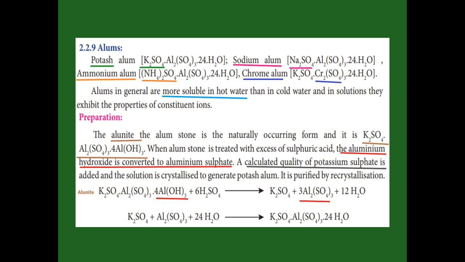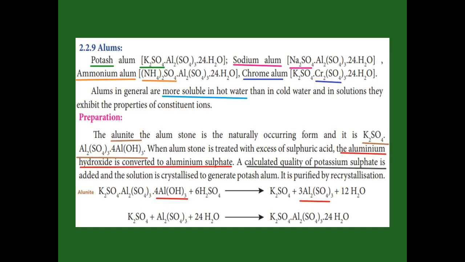That alunite ore is treated with 6 moles of sulfuric acid. Now see the reaction. In this reaction, the red color I indicated is aluminum hydroxide. That aluminum hydroxide part alone is changed into aluminum sulfate. We get potassium sulfate and 12 moles of water on the product side. In alunite ore we have potassium sulfate, aluminum sulfate and aluminum hydroxide.